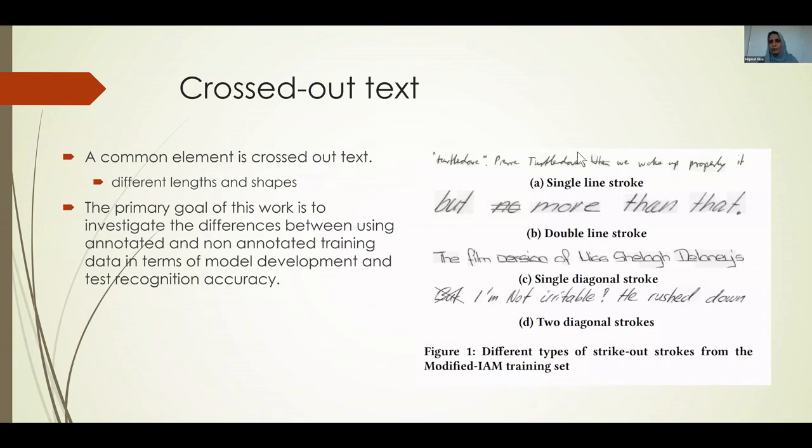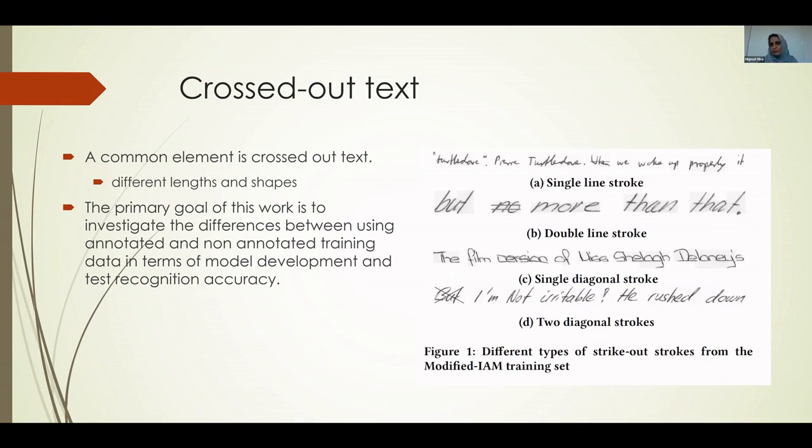In this figure, we can see that "when" is crossed using a single line stroke, "no" is crossed with a double line stroke, "version" is crossed diagonally, and "but" is crossed with two diagonal strokes.